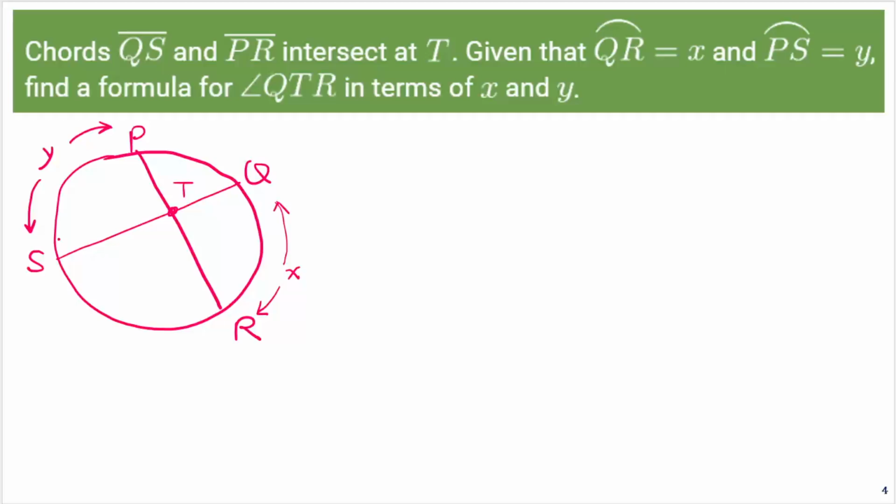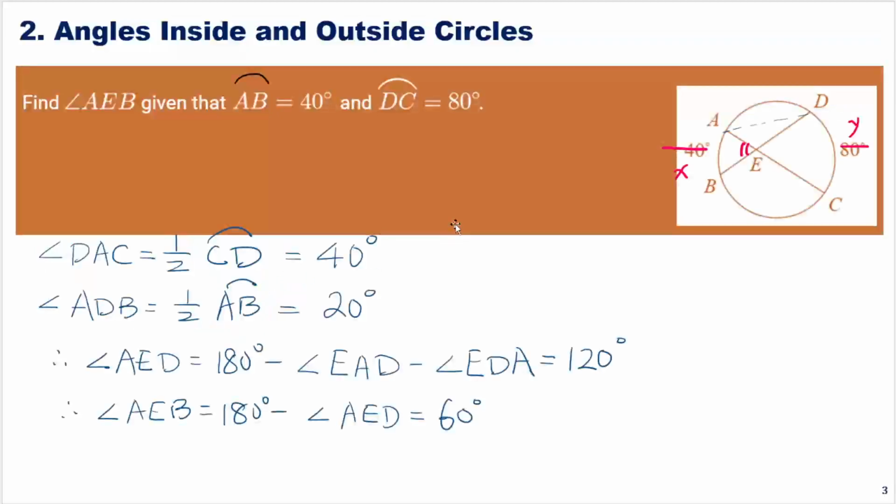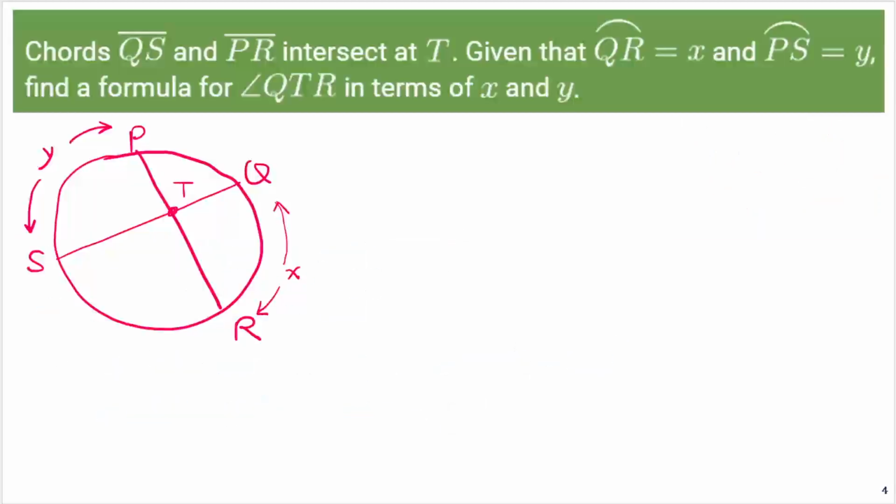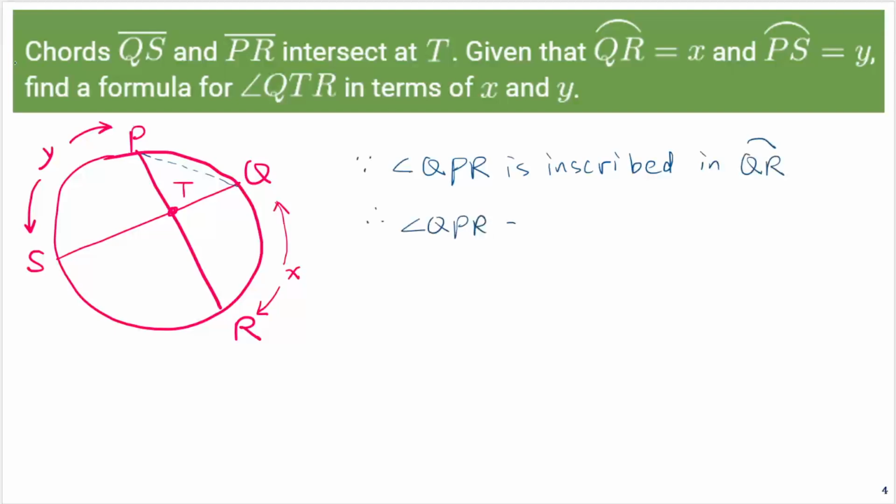So the method should be the same with the previous one, right? Again, we could make use of some inscribed angles there. For example, we could connect points P and Q, right? Since angle QPR is inscribed in arc QR, we have angle QPR equals half of x, right?